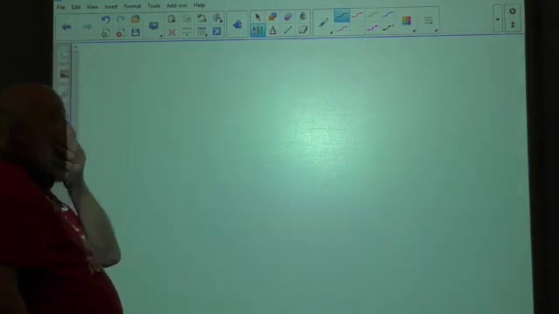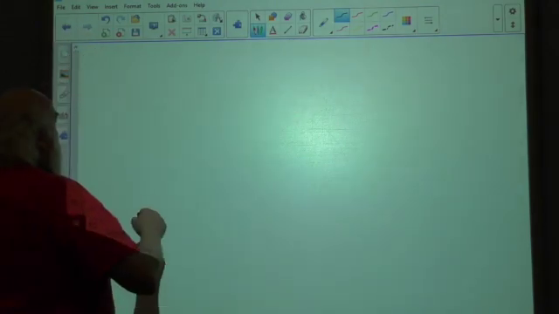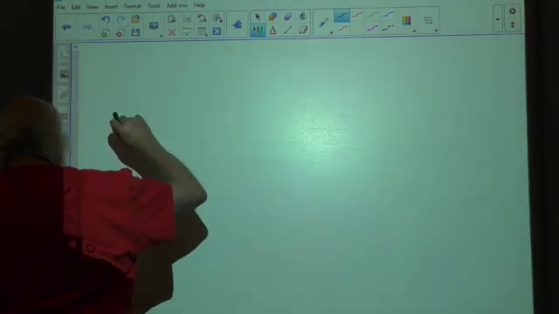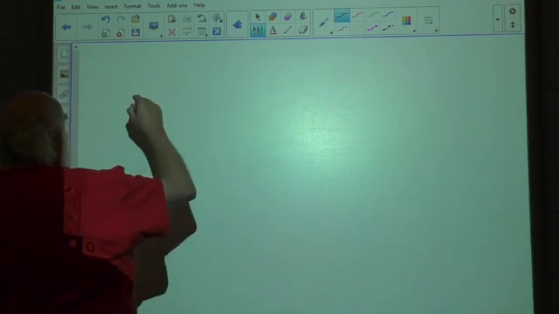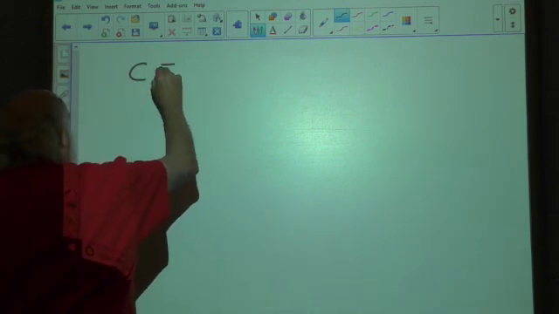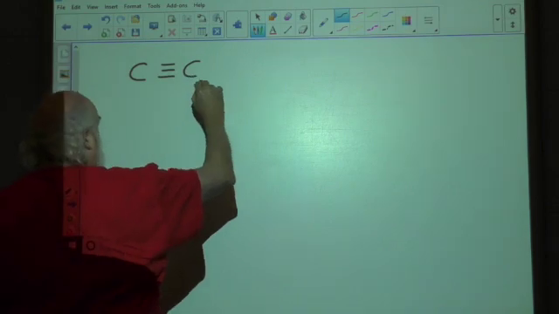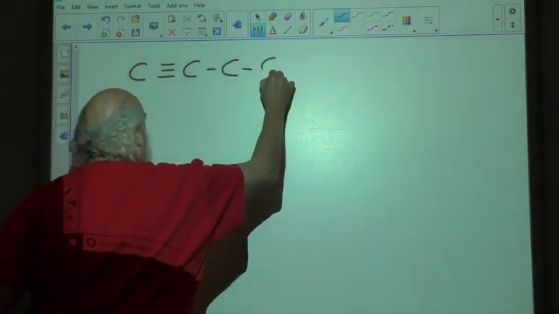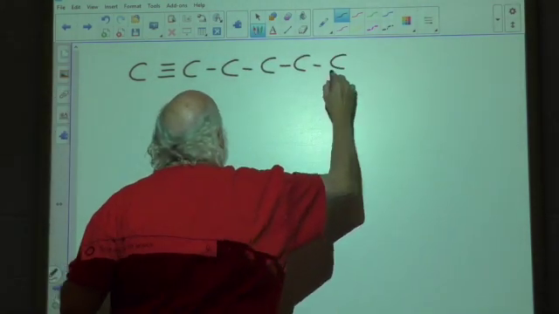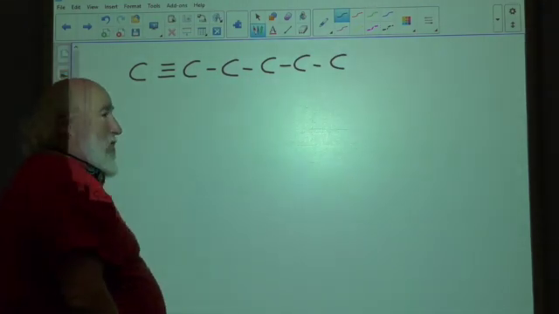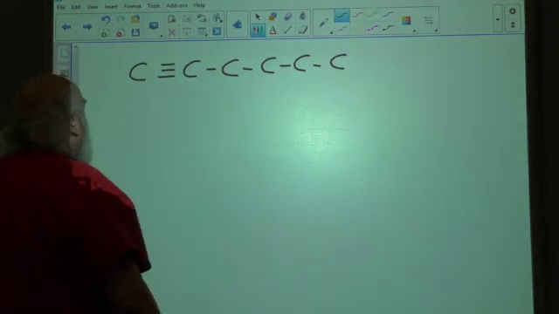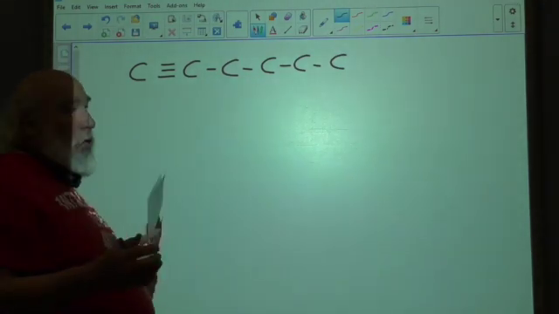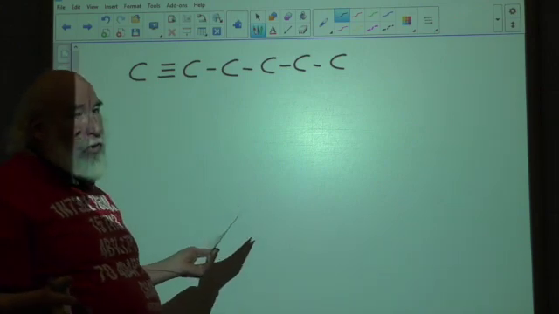The next one, we're going to do 6 carbons in a row, and we're going to put a triple bond on one. I'll put that on the first pair of carbons. Then I'll add single bonded carbons after that for a total of 6. Now again, every carbon wants 4 lines.